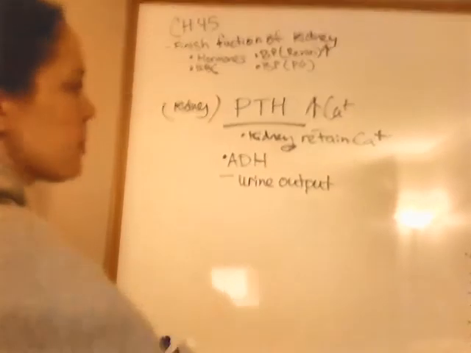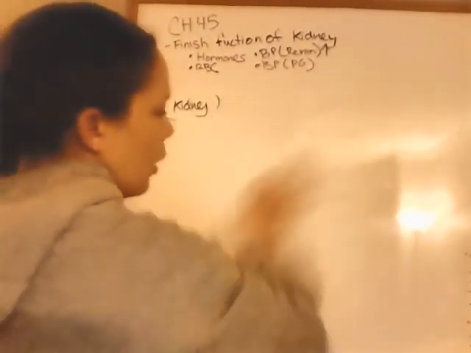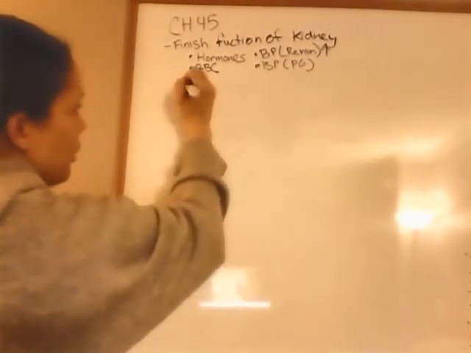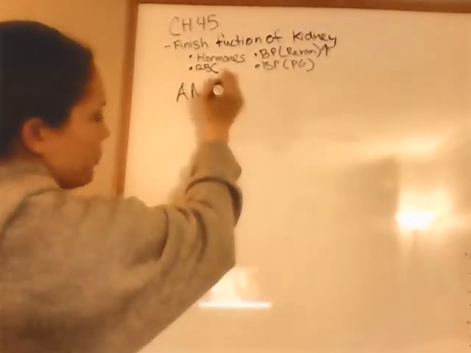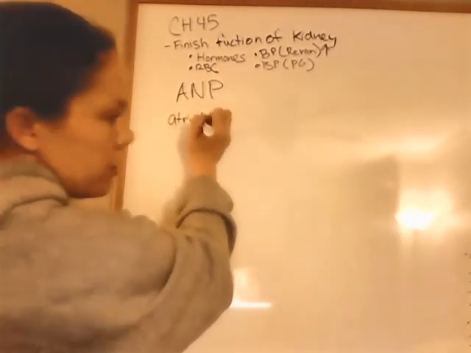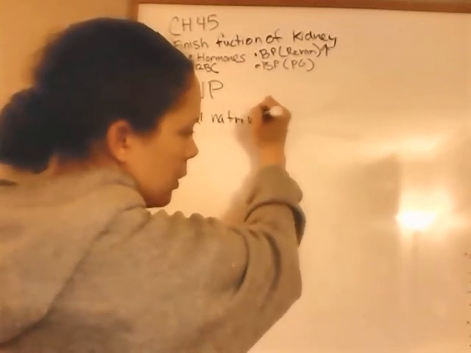All right. Now, PTH and ADH. Our last part of here. Oh, also ANP. And I want to go over that entire thing because I am not familiar with it. ANP. And that's your atrial. What does atrial mean? Well, it means top, but anyways.